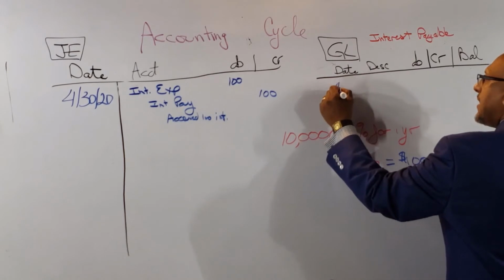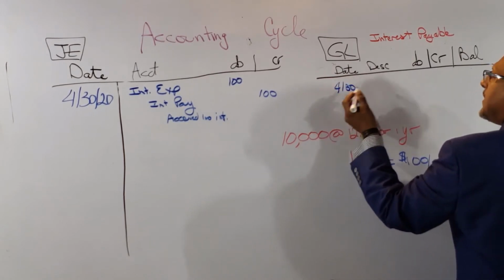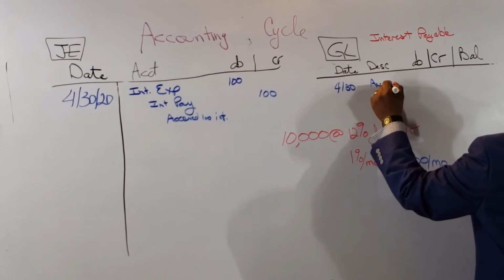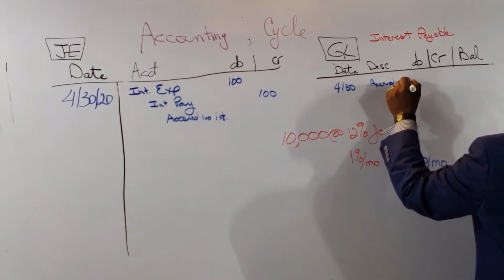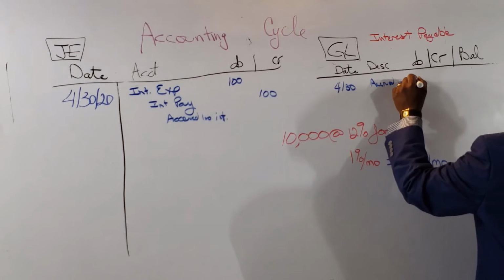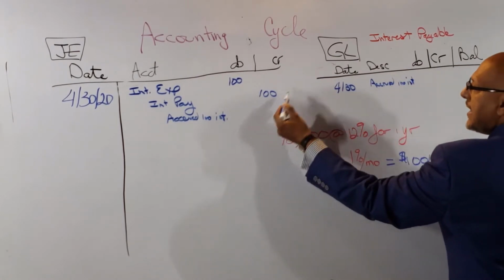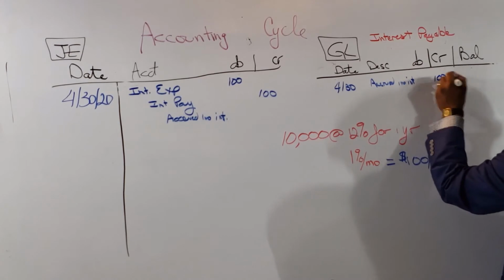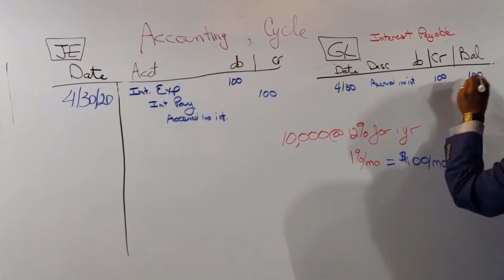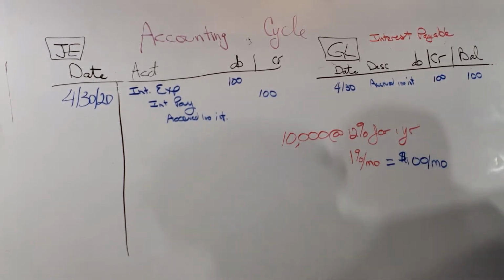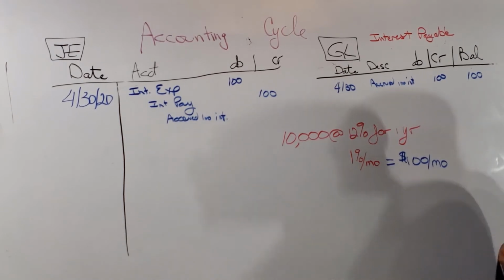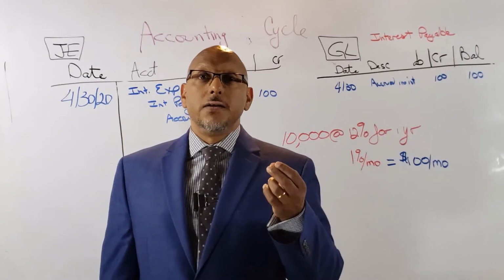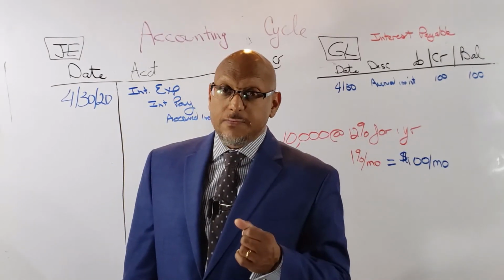And we're posting it as a 430. Accrued 1 month interest. And it's a credit in the payable, a credit of 100. The balance is 100 credit. Two examples of adjusting entries.